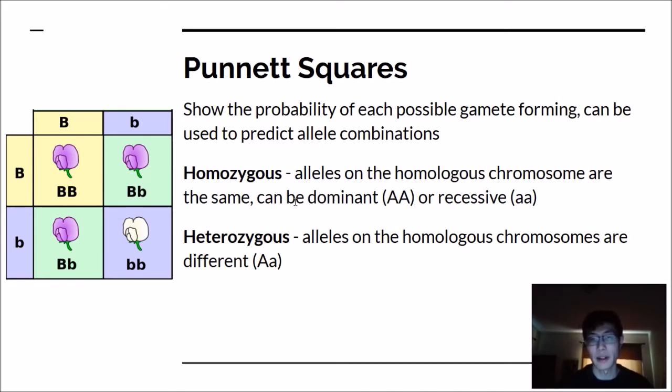A particular organism might show a dominant trait, for instance a purple flower color, but that purple flower color phenotype can have two genotypes: big B, big B, or big B, little b. So what if we want to figure out the genotype and we don't know? Well, we can run a test cross to see this.